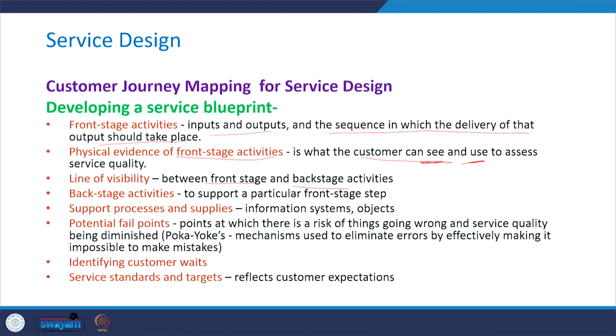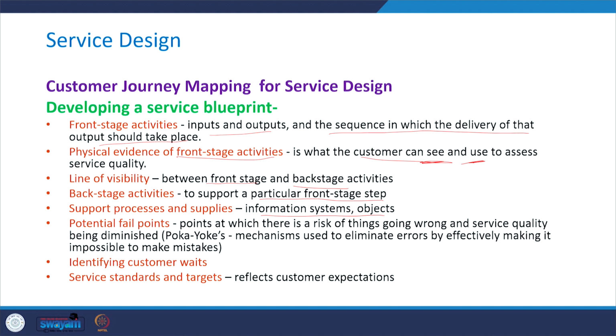What are the backstage activities? The activities that support a particular front stage step. For example, we saw earlier that preparation of breakfast is a backstage activity that supports the front stage activity, having breakfast. Then come support processes and supplies, which include information systems, objects, etc. Another important element of a service blueprint is potential fail points.